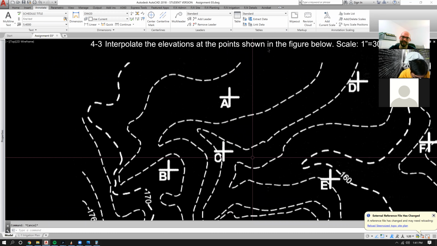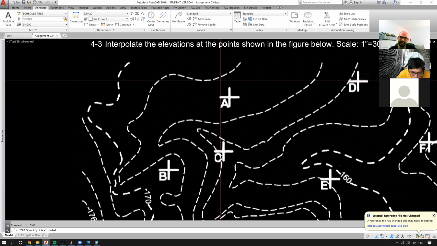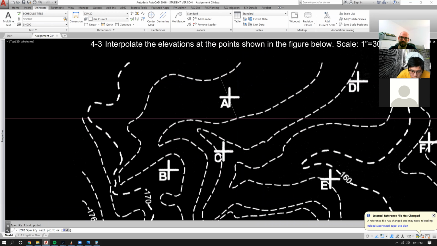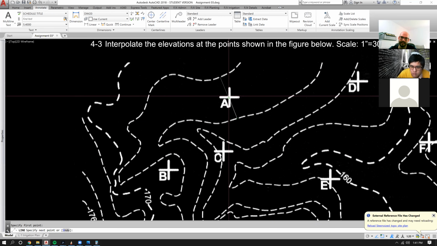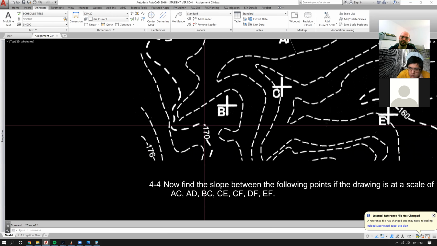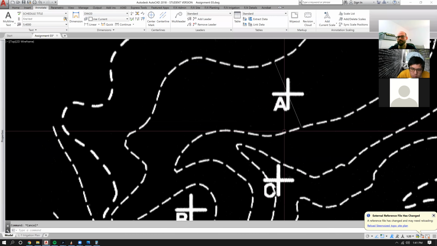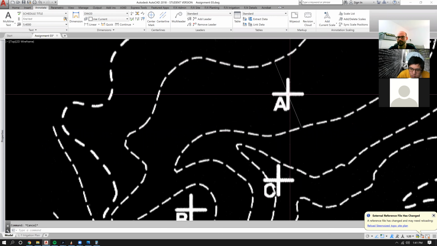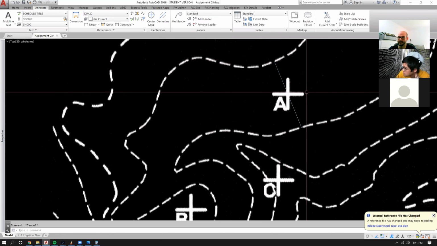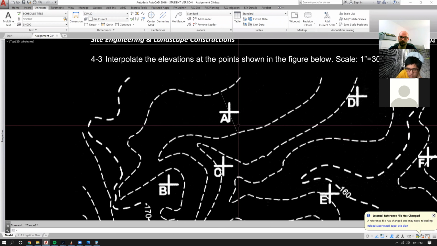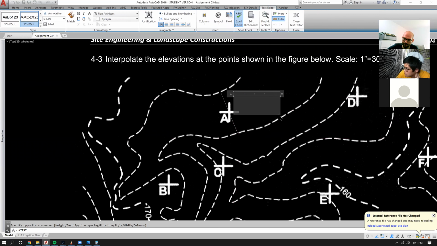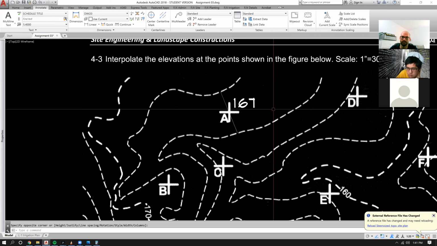So basically, like this one here, we can guesstimate, and just for clarity's sake, we'll say it's exactly halfway between these. So we have 170, 168, 166, halfway between 166 and 168 is going to be 167, right? So we know the elevation for this point is 167.